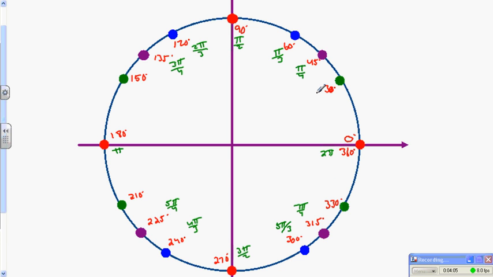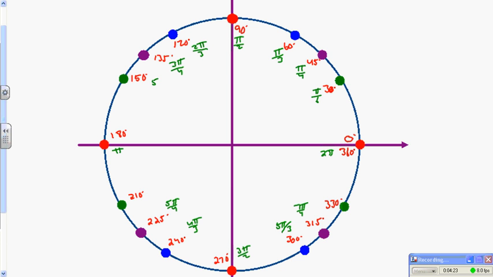Then we go by 6. So if I go pi over 6, 2 pi over 6 is pi over 3. 3 pi over 6 is pi over 2. And it's 4 pi over 6, which reduces to 2 pi over 3.